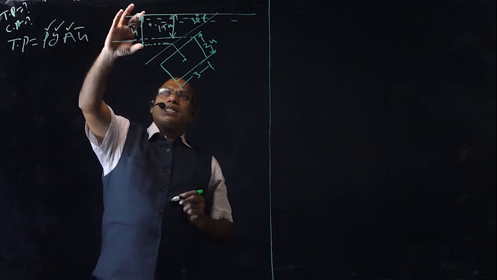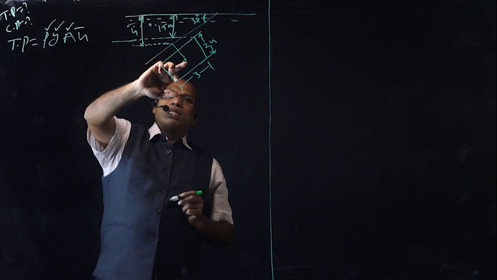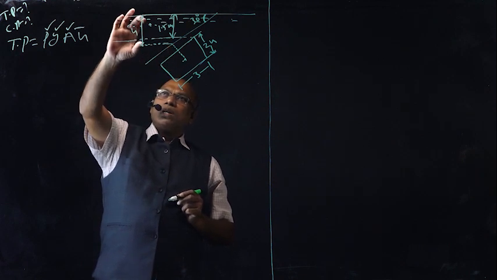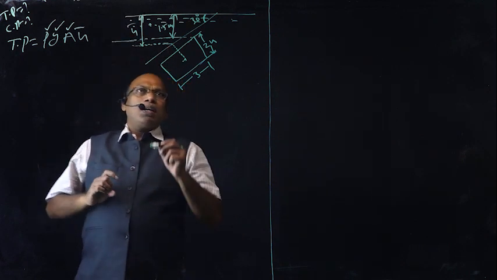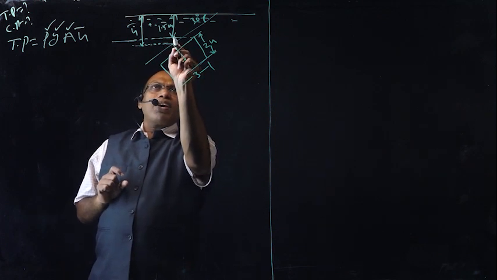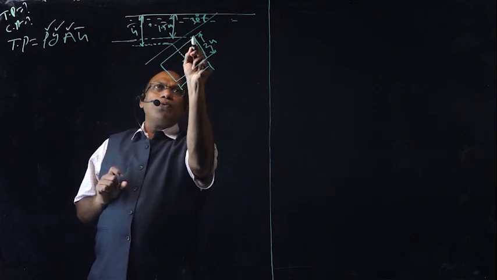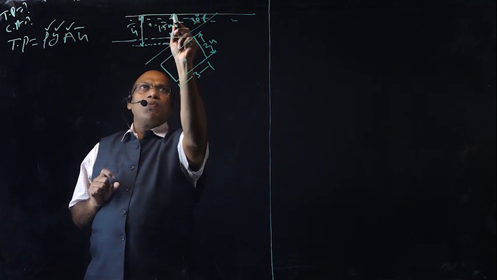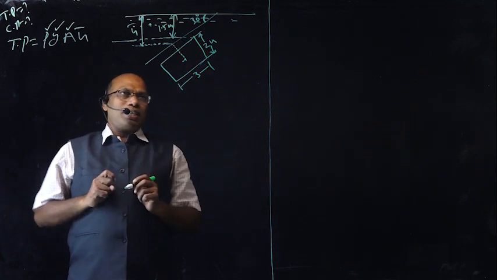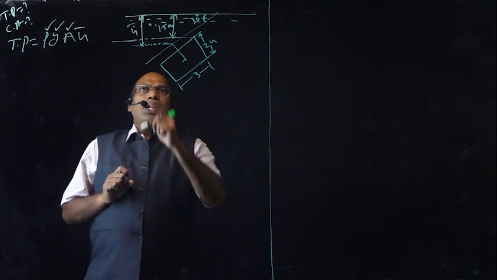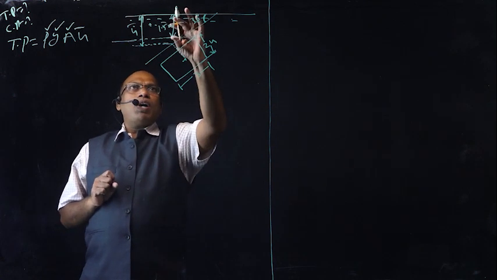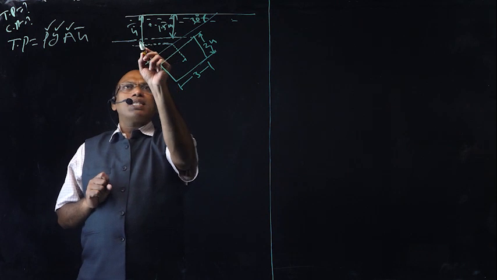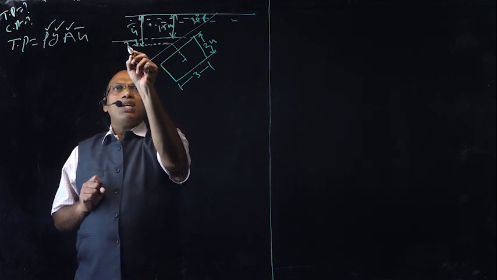But in the problem, they have given that the top edge of this rectangular piece is 1.5 meters from the free surface of water. Now, h bar means 1.5 plus this distance. Say this is x.